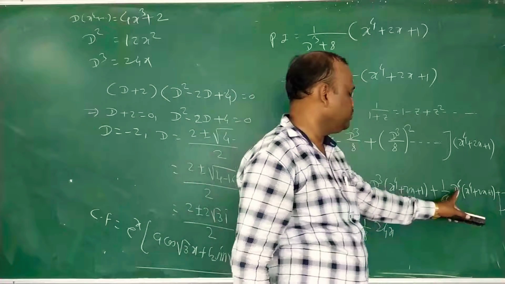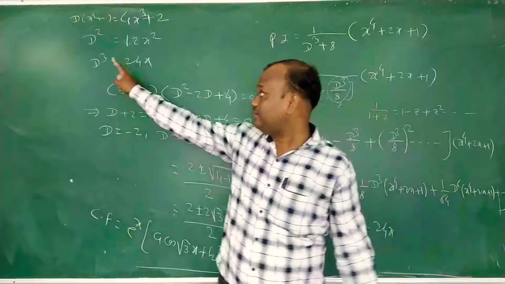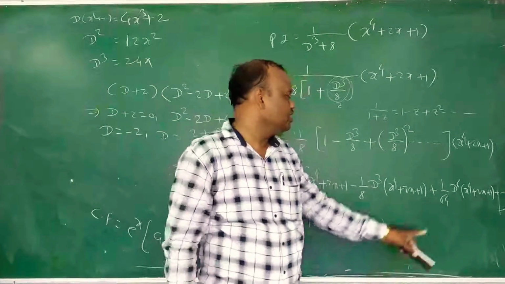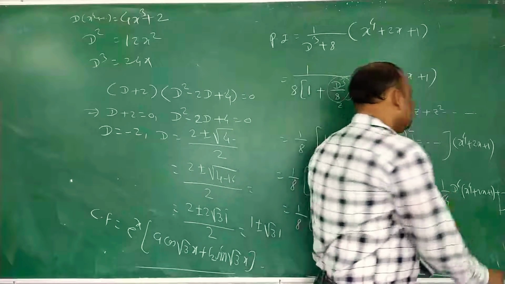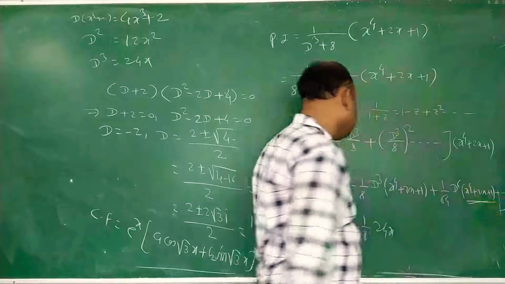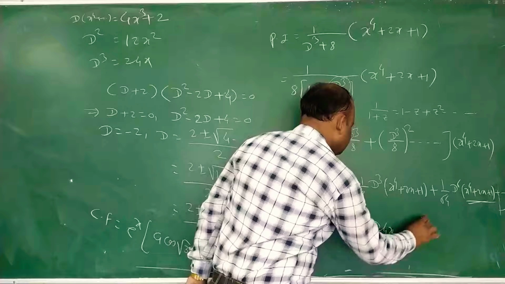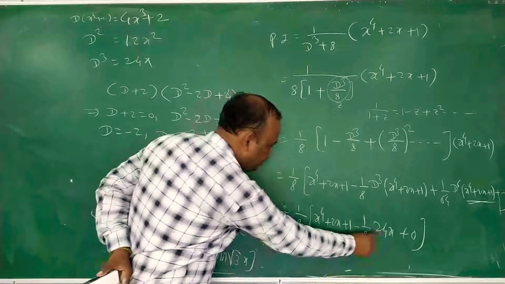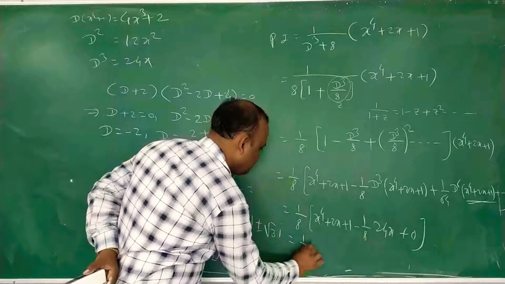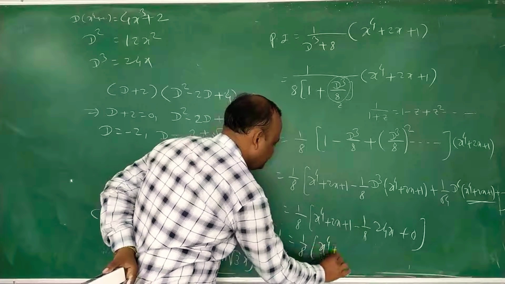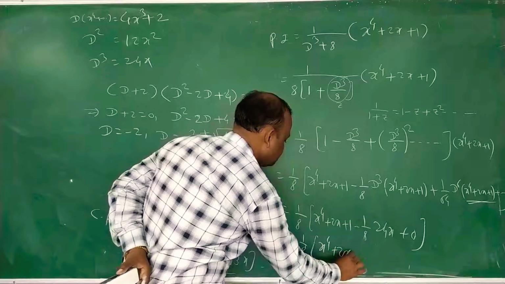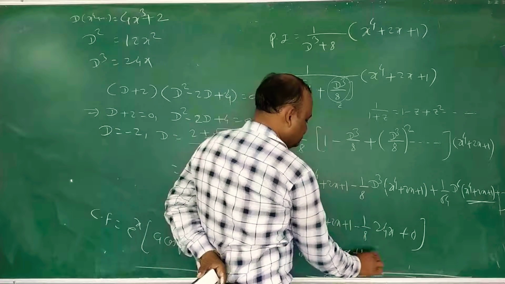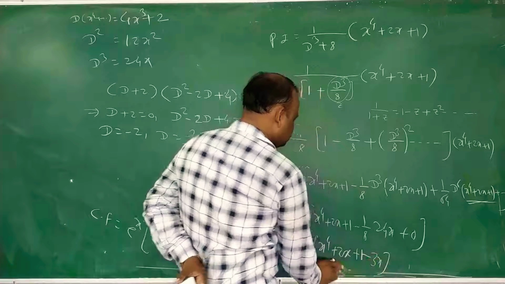Plus 1 by 64 into D to the power 6. Here if you find the fourth derivative, that is 24 and the fifth derivative is 0. So D raised to 6, meaning the sixth derivative of this polynomial, is 0. So the remaining terms are all 0. So 24 by 8 here, simplify: 1 by 8 into x raised to 4 plus 2x plus 1, minus 24 by 8 x, that is minus 3x.